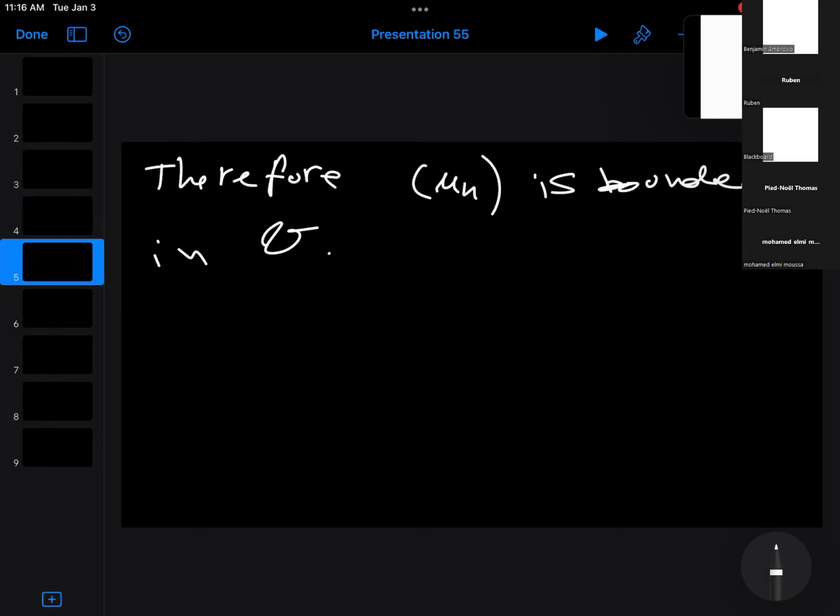But we have the Rellich theorem, which says that the Sobolev space H1 is compactly embedded in L2.